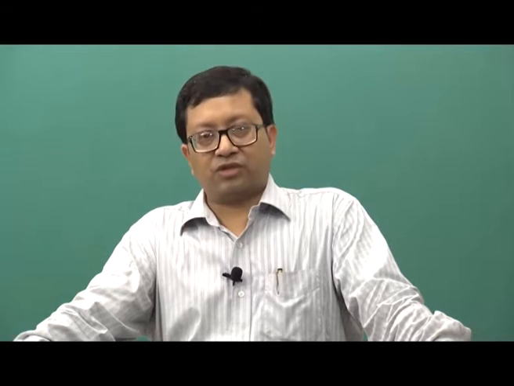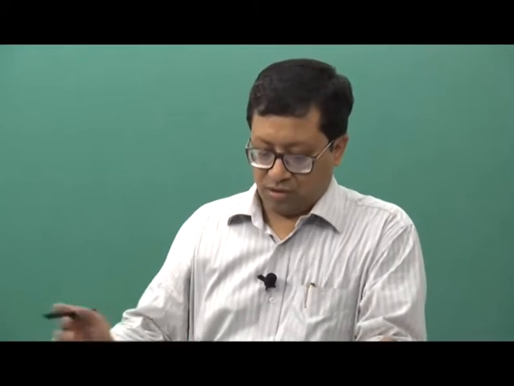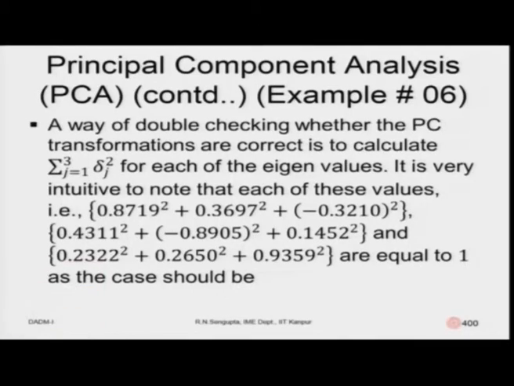For these suffixes 3 1, 3 2, 3 3, the first suffix corresponds to y 3, and the second suffix 1, 2, 3 corresponds to x 1, x 2, x 3. So, this is what we will have. There would be delta 1 1, delta 1 2, delta 1 3 corresponding to y 1, the principal component 1.